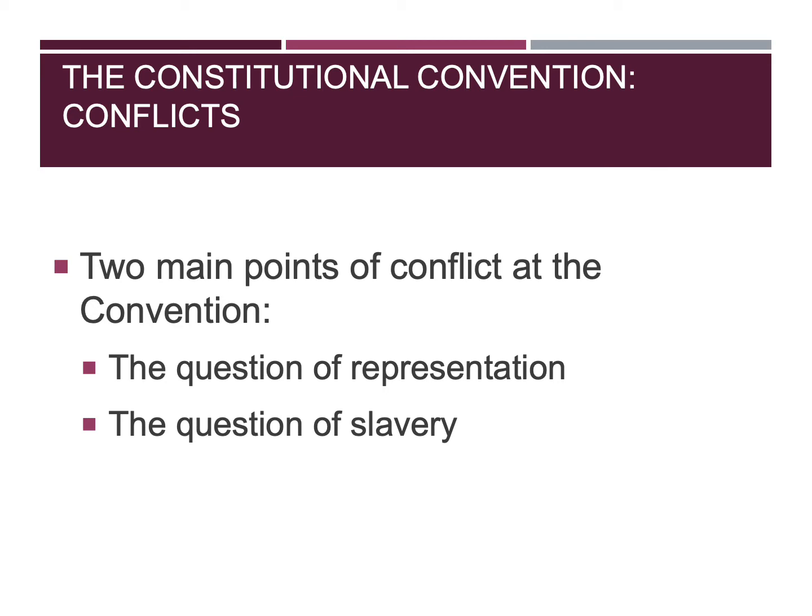I don't think anybody at the Constitutional Convention thought that was going to happen, but they knew that something was going to be said about slavery. And since there were people held in servitude and slavery, how were those people going to be counted? Were they property or were they citizens when it came to representation? So let's take a look in detail at these two main points of conflict.